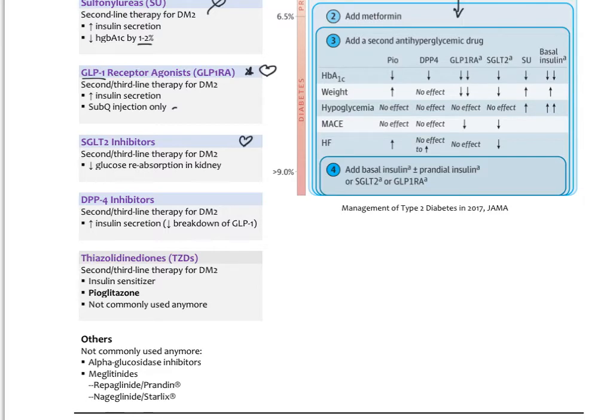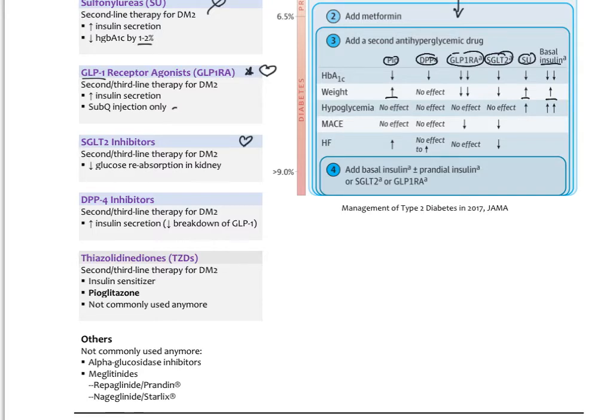And so that's what you see, these little abbreviations. So this is pioglitazone here, DPP4, GLP-1 receptor agonist, SGLT2, sulfonylurea, and here's basal insulin. You can see what they do on A1C levels. Now, some of the concern is, again, we don't want patients on these therapies to gain weight, but notice that pioglitazone, basal insulin, and sulfonylureas all increase body weight.